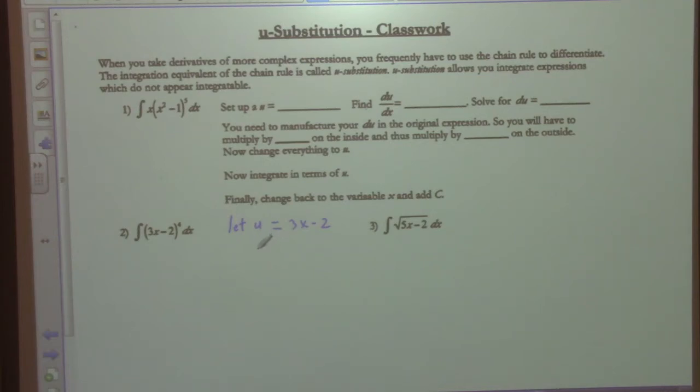What we do is we say du/dx is equal to, what is our derivative of this thing here? 3. And so du is going to be equal to what? 3 dx.